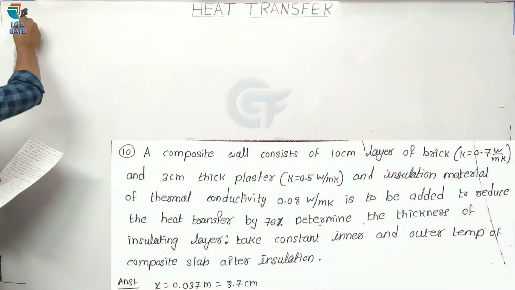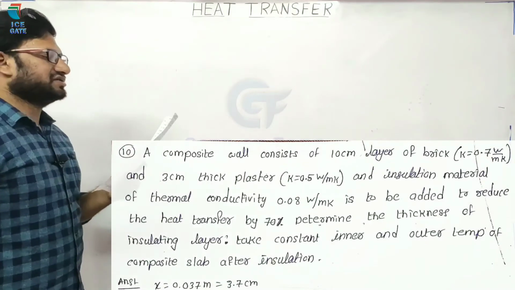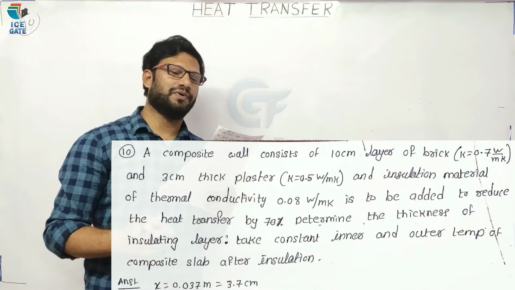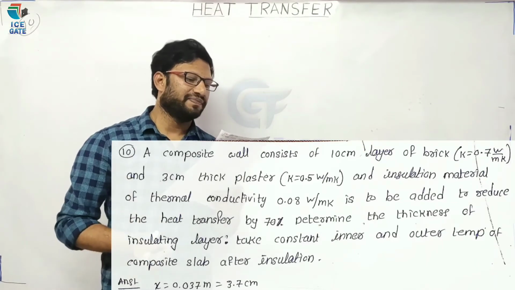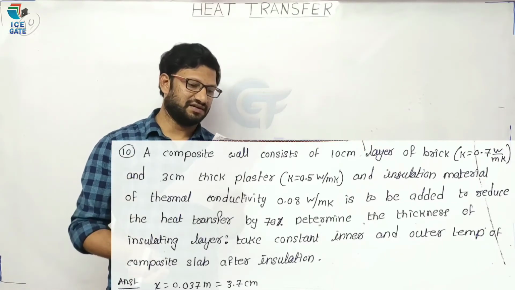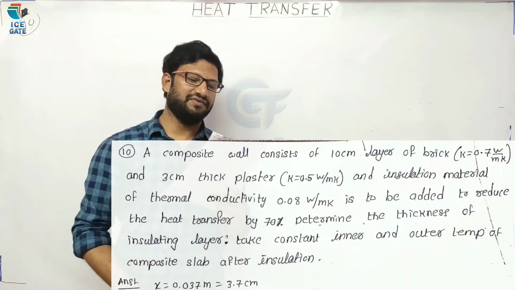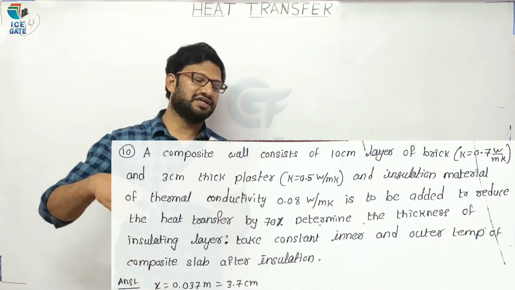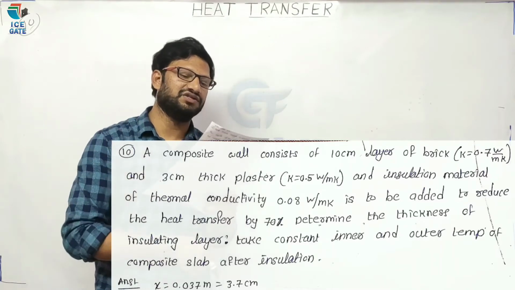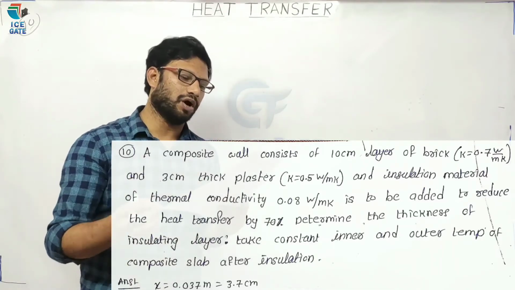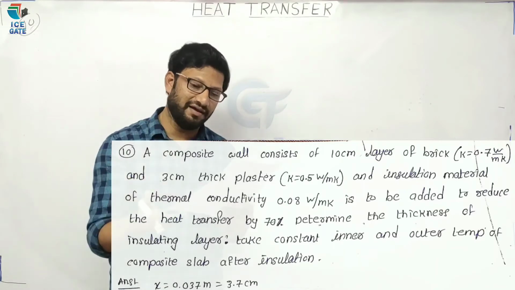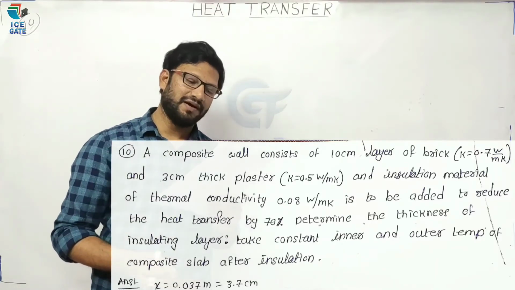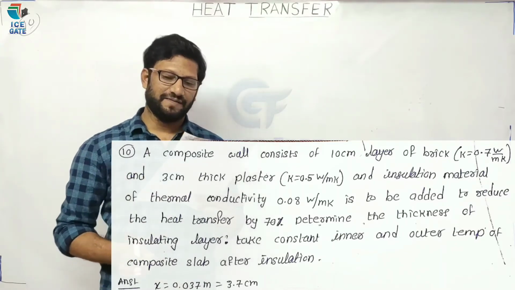A composite wall consists of a 10 centimeter layer of brick having thermal conductivity 0.7 watt per meter Kelvin and 3 centimeter thick plaster having thermal conductivity 0.5 watt per meter Kelvin, and insulation material of thermal conductivity 0.08 watt per meter Kelvin is to be added to reduce the rate of heat transfer by 70%.